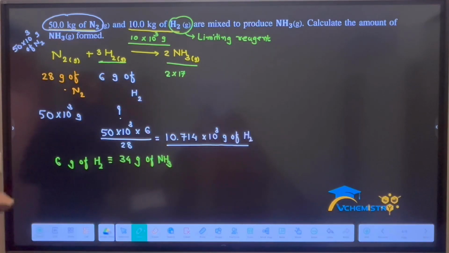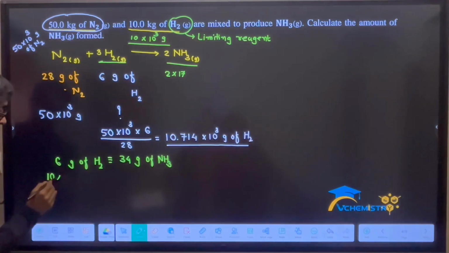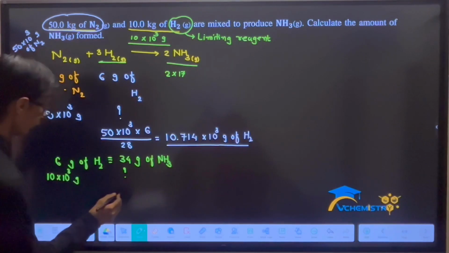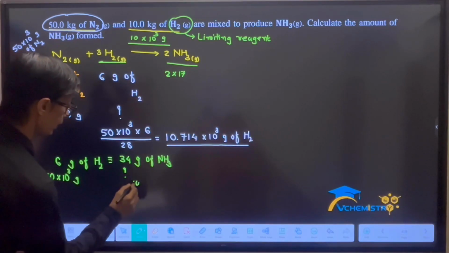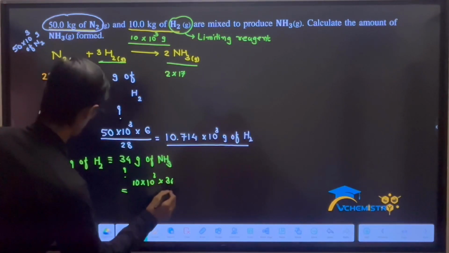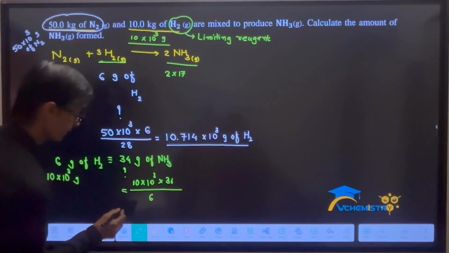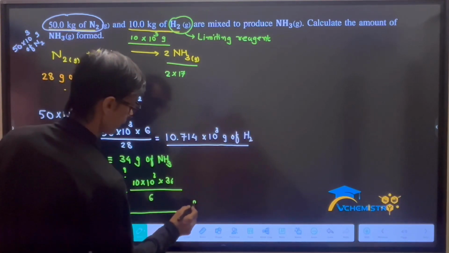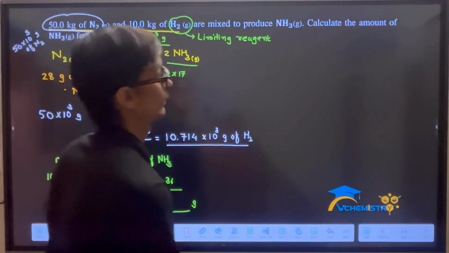But we have 10 into 10 raised to 3 gram dash. So 10 into 10 raised to 3, that means 10 raised to 4, into 34 divided by 6. So do the calculation yourself and write down in my comment box.